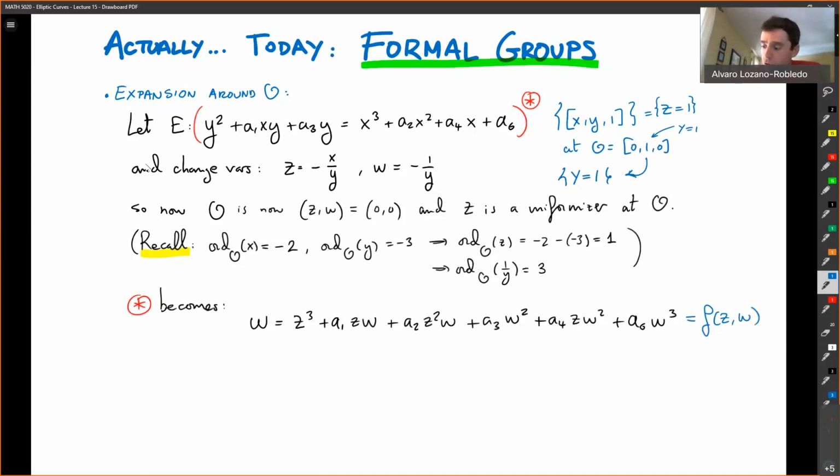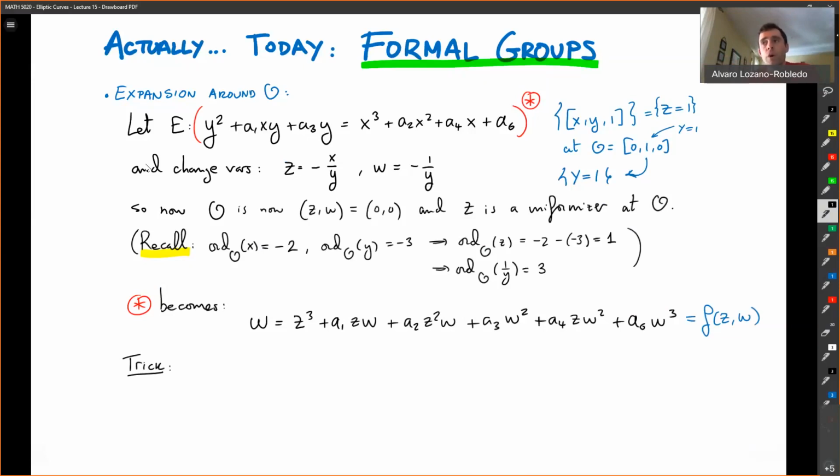And then the trick that one can do here is that formally, I'm going to start recursively substituting. You see that I have a definition of W in terms of Z and W. So what happens if I put in this definition of W for every appearance of W on the right-hand side? Then I'm going to get a new equation that should also be true.